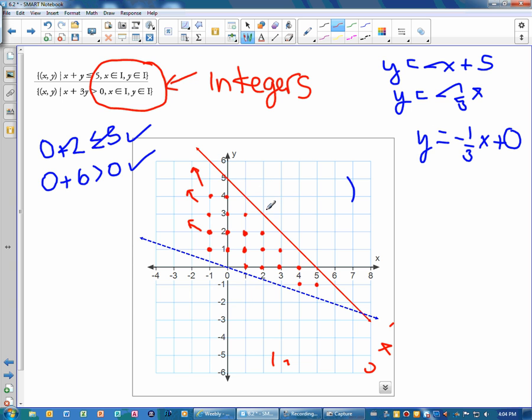But remember how this is a solid dot? That solid dot came from less than or equal to. So you know what? I can dot everything on that line. And if I ask you to do this on a test, that's what I'm going to be looking for. So nothing along this dashed line can be included, but everything on the solid line can.